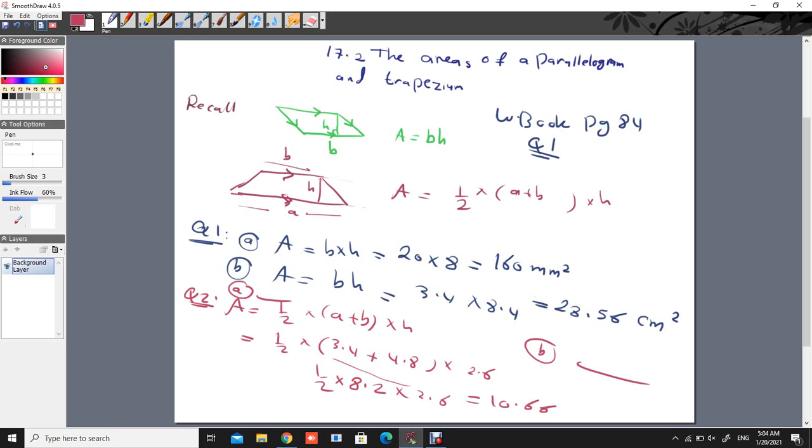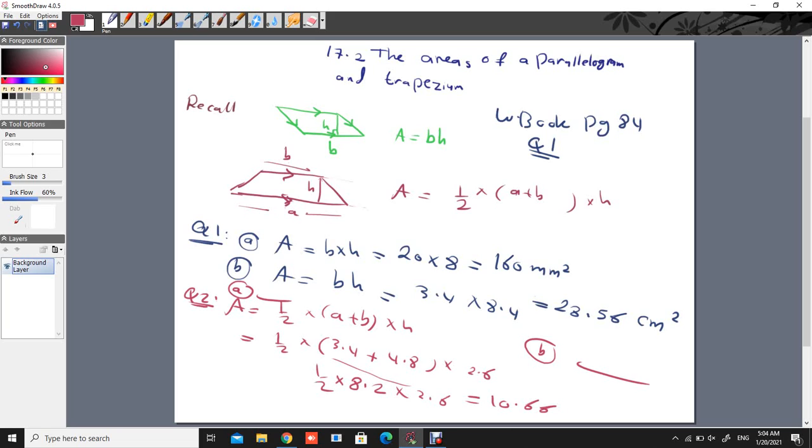Now question 3. Here I'm going to just discuss question 3 with you. Here are 4 shapes A, B, C, D. The area for A. This is a rectangle, length times width.